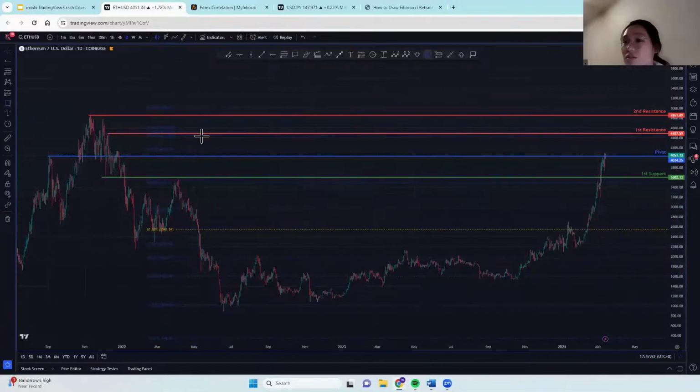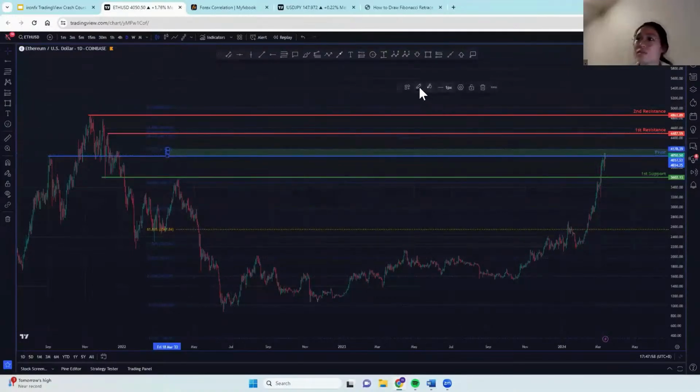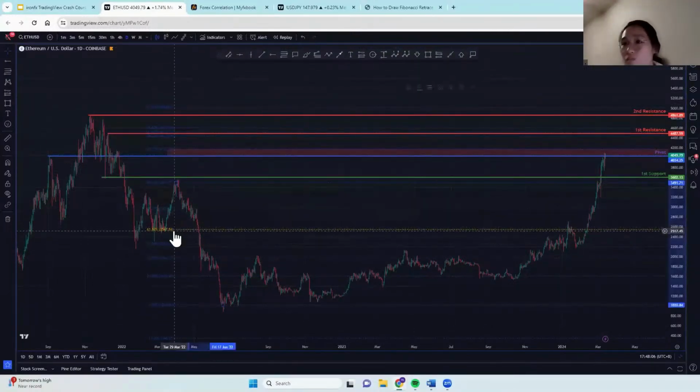Over here, 161.8 also lines up with our second resistance. So I'm gonna keep it.